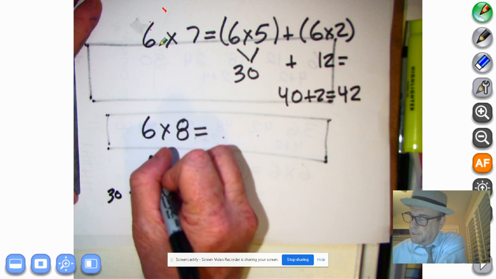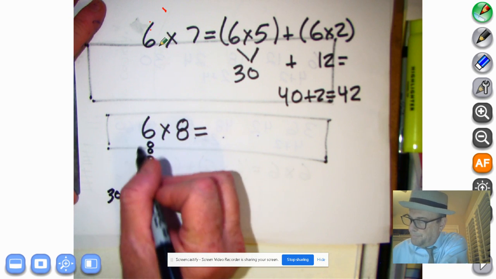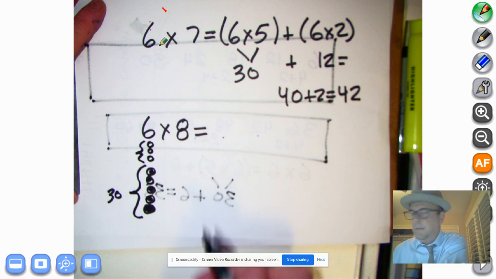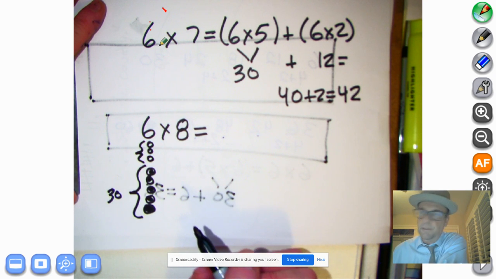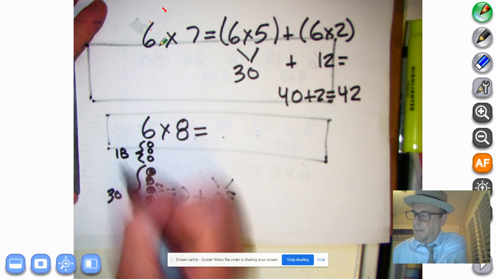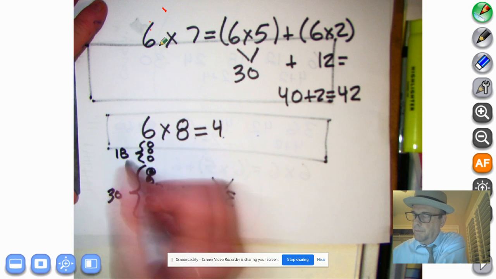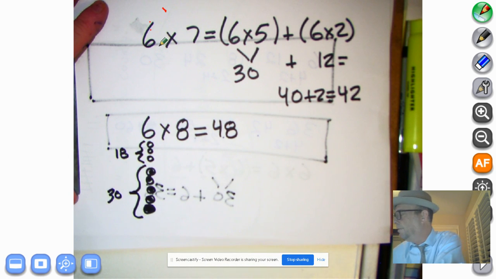And then we have 3 more 6s. 1, 2, 3. What's 6 times 3? You can always use your math multiplication chart or go back and look at the skip counting. 6, 12, 18. So now all we have to do is add 30 plus 10 is 40, and then we're left with the 8, and our answer is 48.